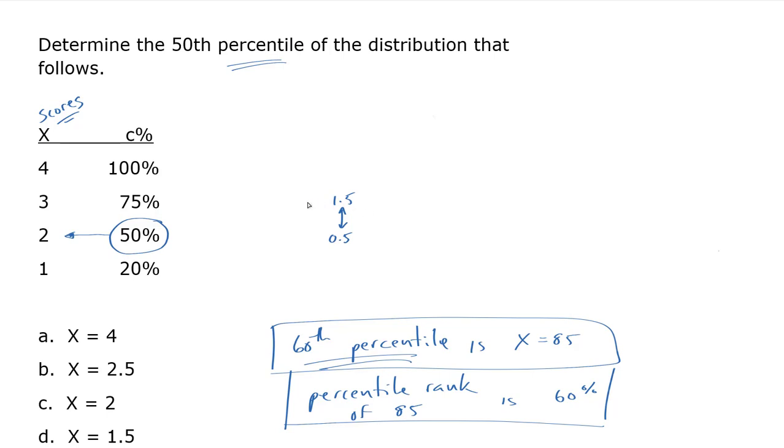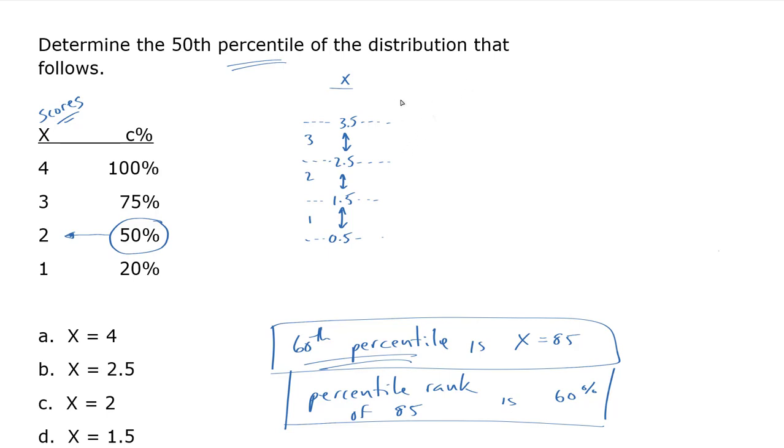These are my real limits of the score 1. Then the score 2 goes from 1.5 up to the upper real limit, which is 2.5. And so on. The next score 3 goes from 2.5 up to the upper real limit, 3.5. Okay, so these are my x values.